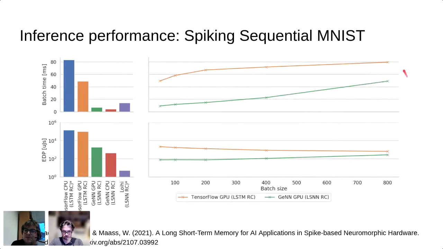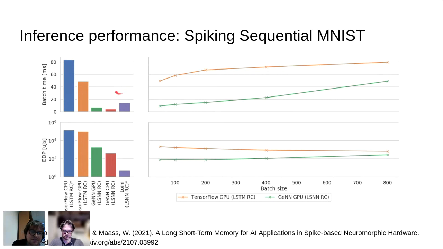The gap reduces as you get larger batch sizes because we don't batch quite as efficiently as TensorFlow yet. But still, this is a really good result. I think this is the first time that there's been shown any performance advantage of using SNNs on standard hardware over ANN models.